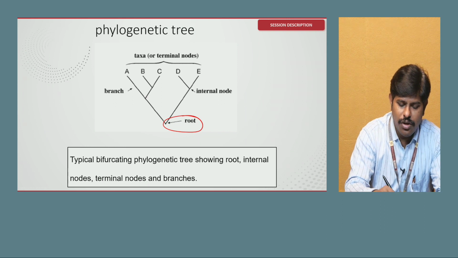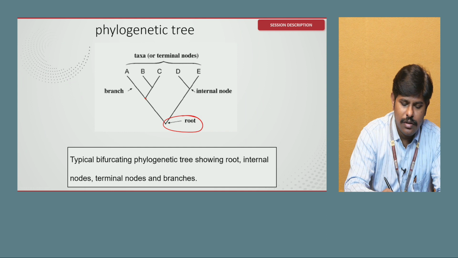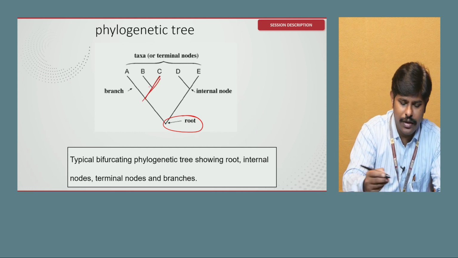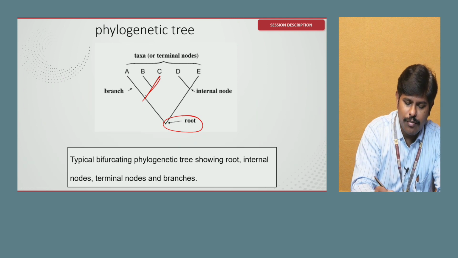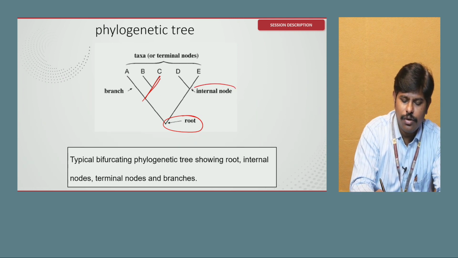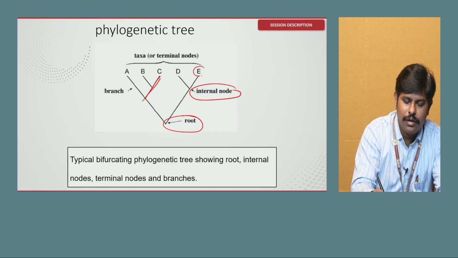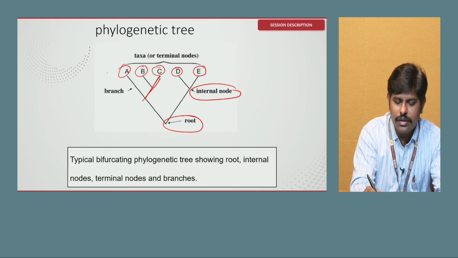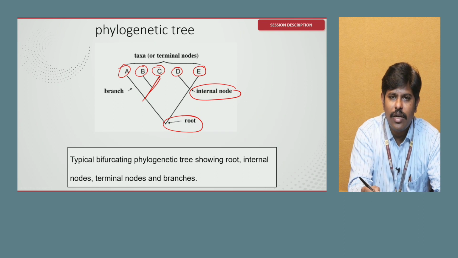These are called branches, and from branches there can be other branch points and sub-branching. The branch point is called an internal node, and the final things are called taxa or terminal nodes.